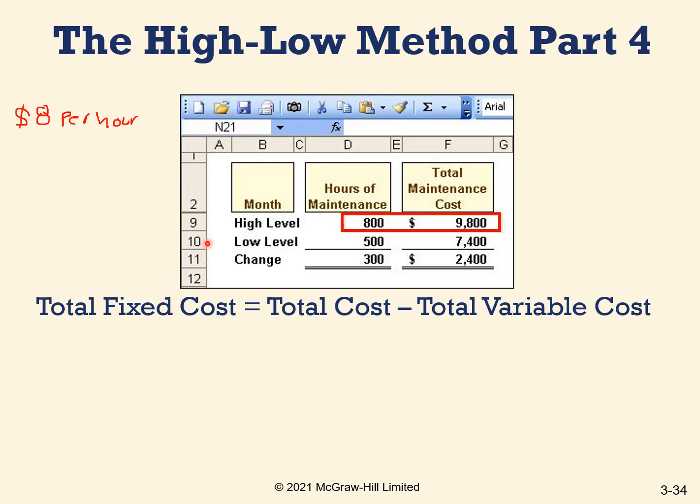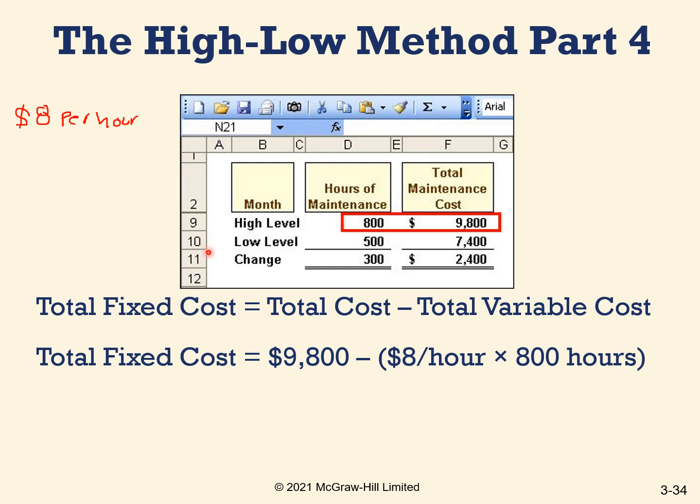For this example, I'm going to use the high level. So we had 800 hours of maintenance and our total maintenance cost of $9,800. If we fill it in, our total fixed cost is going to be our total cost, $9,800, minus our total variable cost, which we can calculate by our $8 per hour cost per unit times the number of units, our 800 hours of maintenance.